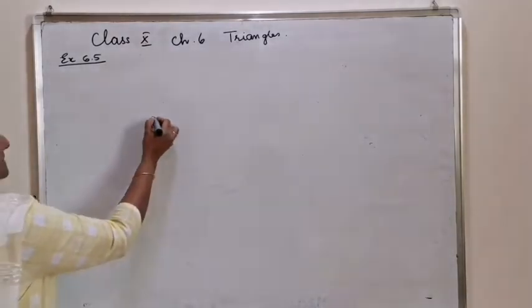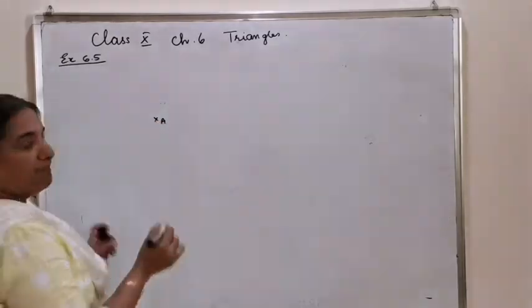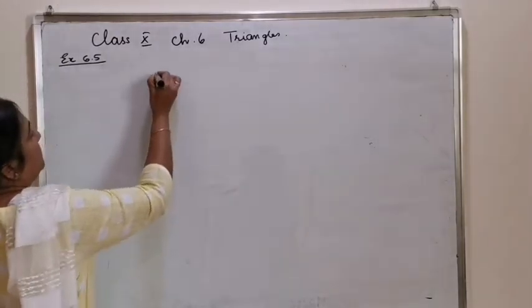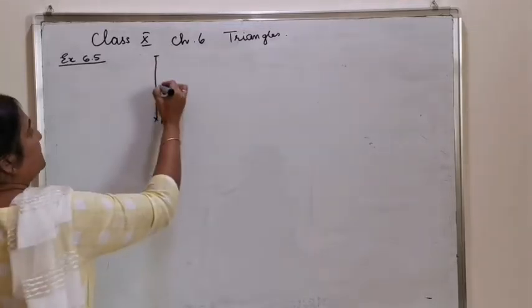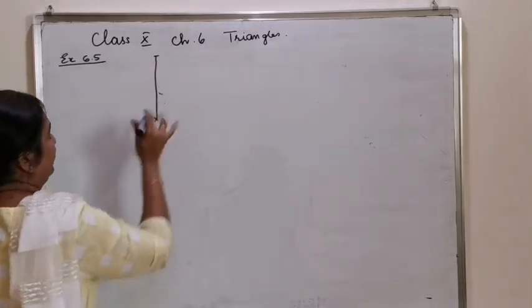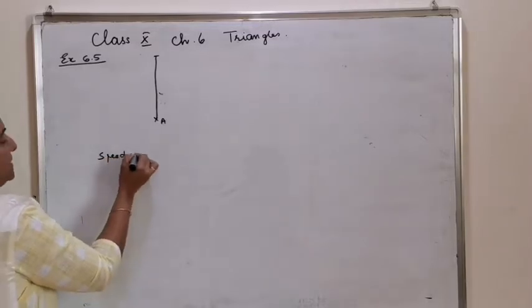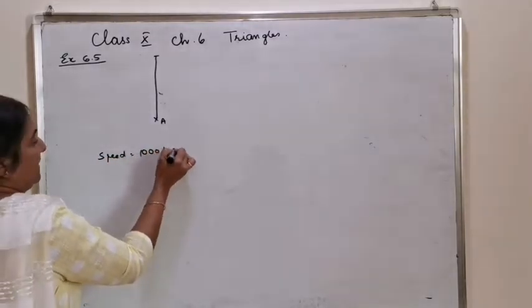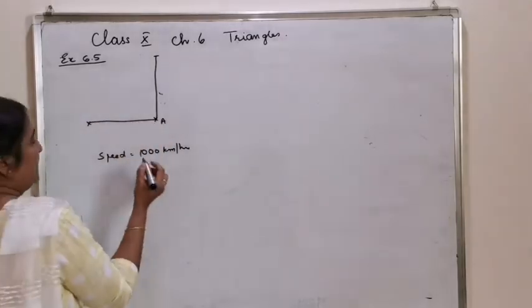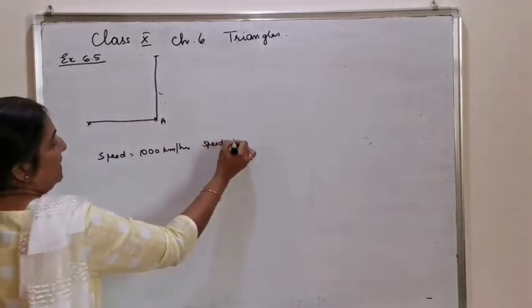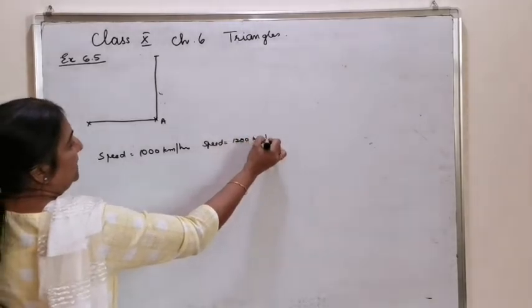So, let A represent the airport. The first plane moves in this direction at a speed of 1000 km per hour, and another plane at the same time is due west at a speed of 1200 km per hour.